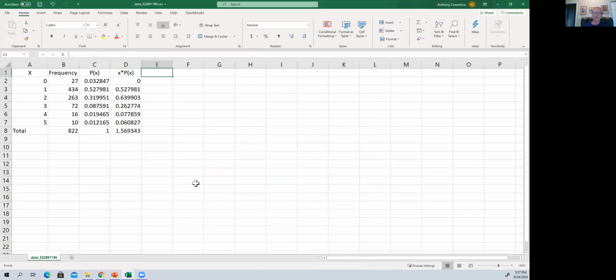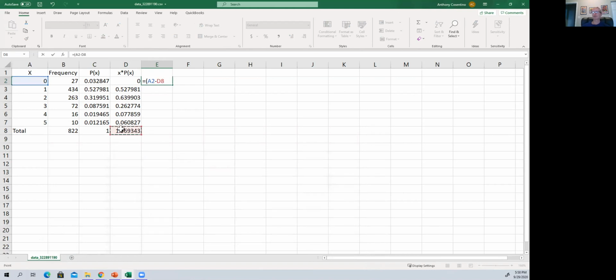So this would be X minus the mean, and we'll square it. So when you do that, you would have equals, the X value is 0, right? And then we want to subtract the mean, which would be here.